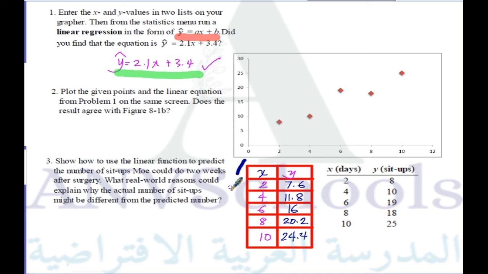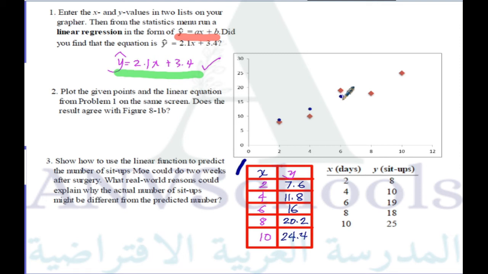So if my x is 2, it's 7.6. It's approximately here, right? If it's 4, 11.8. 4, 11.8. It's somewhere here. If it's 6, it's 16. So 6, 16, it's here, right?